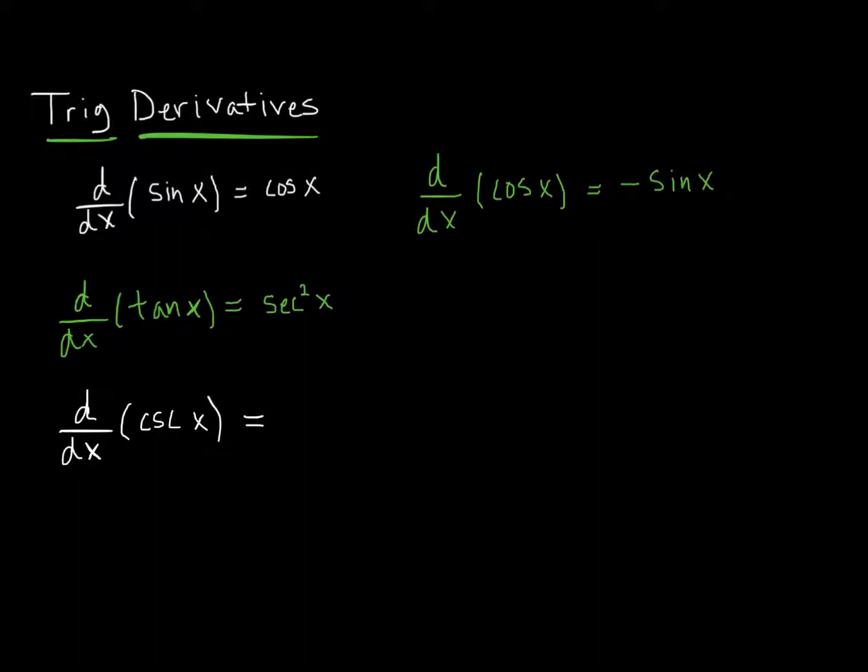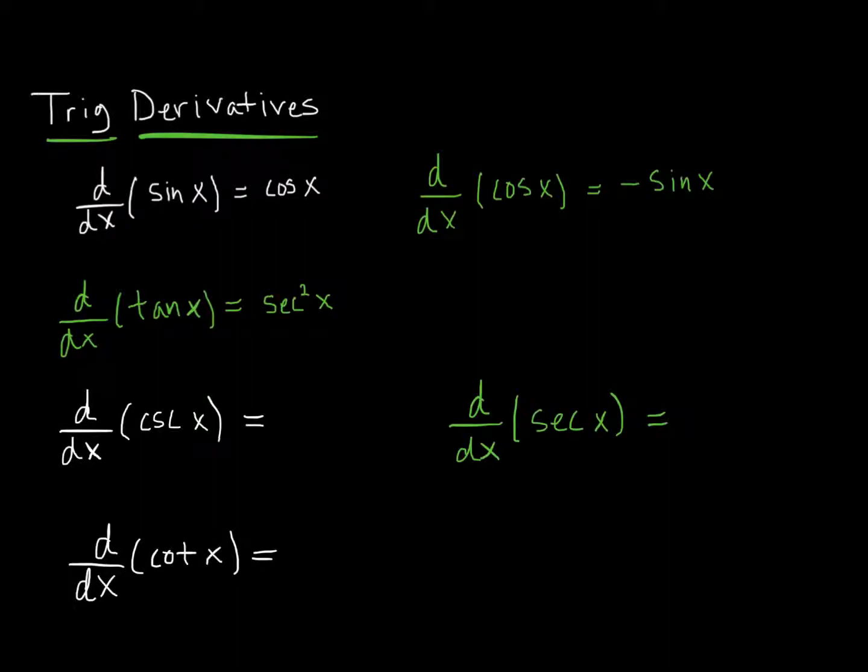And similarly, we can find the derivative of secant, because that is 1 over cosine. And of course, that means we can also find the derivative with respect to x of cotangent of x, because that is just 1 over tangent.